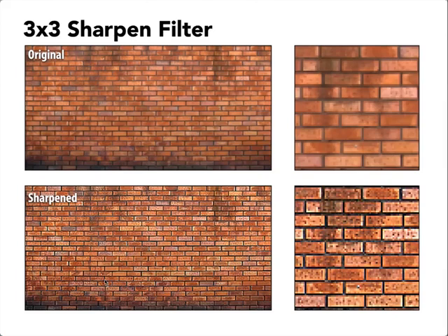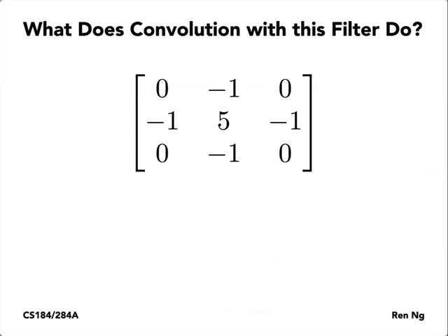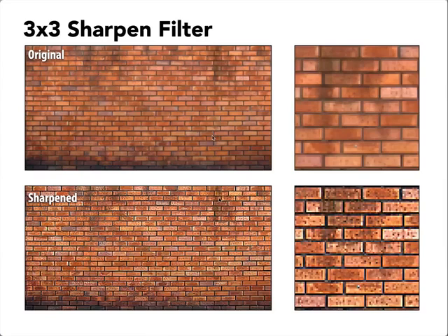Why is this happening? One way to look at it is to think about what happens when this filter ends up right on an edge. Let's say we pick this 1 pixel edge here as an example. It's got the positive value, the 5 in the middle, and then it's going to subtract the pixel values to the left-hand side and the right-hand side.